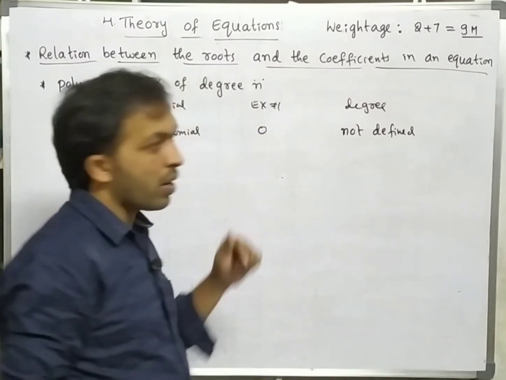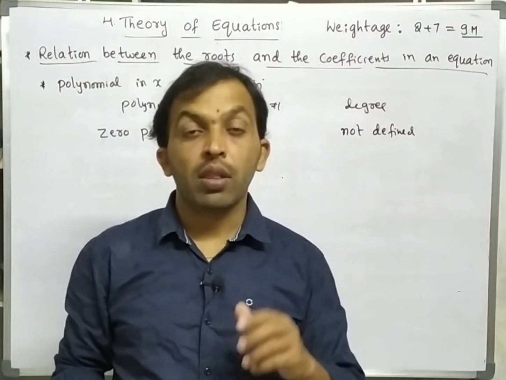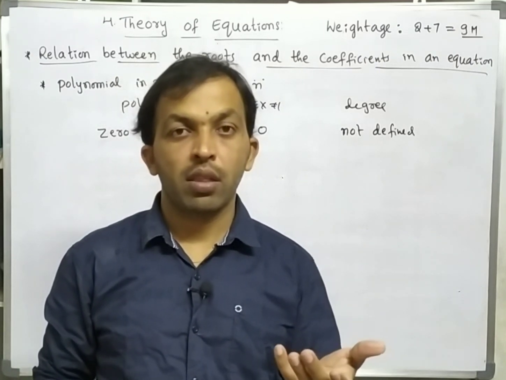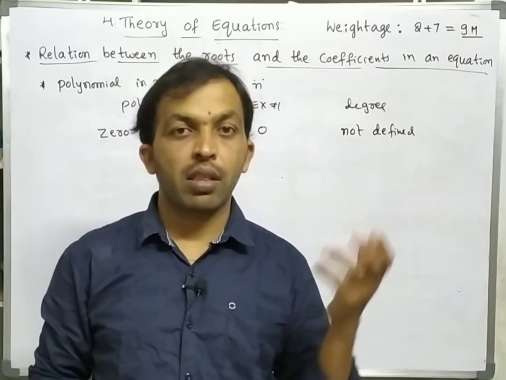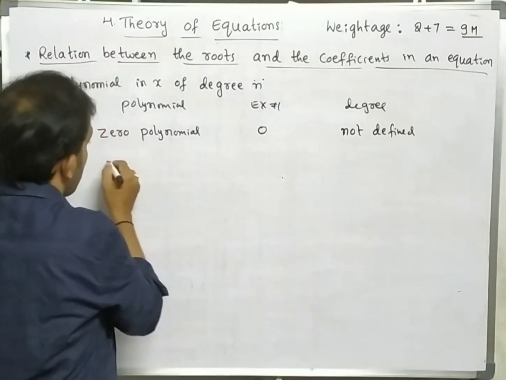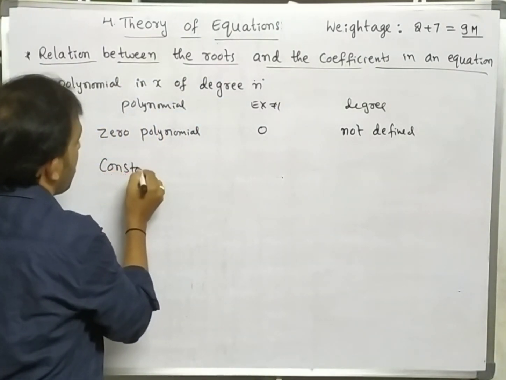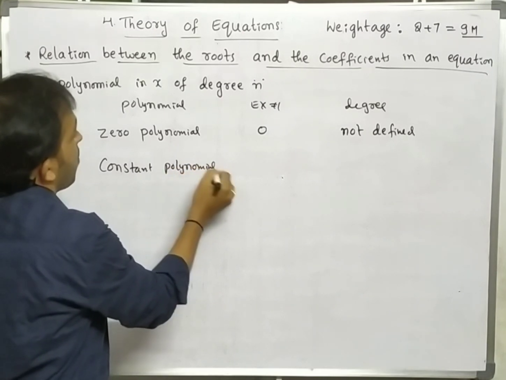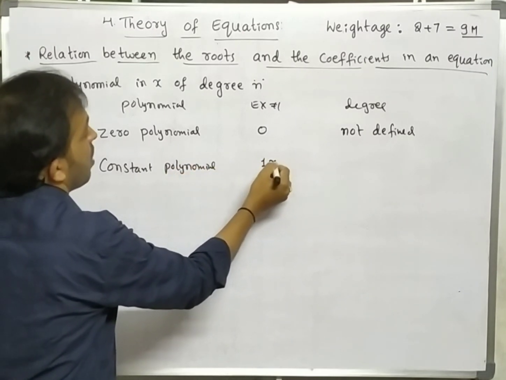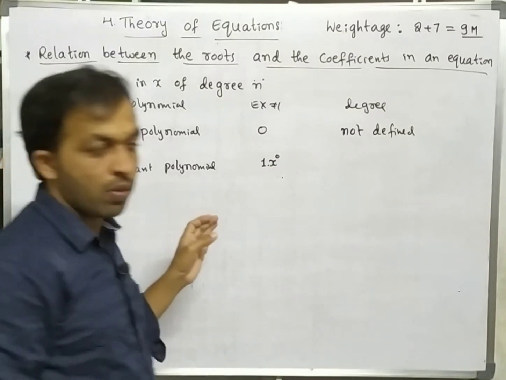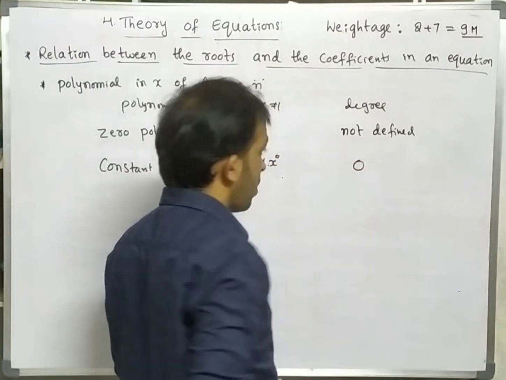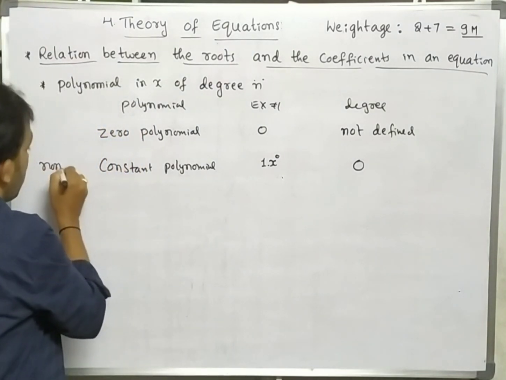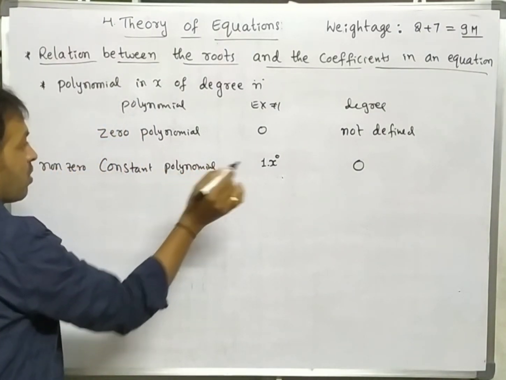We can write it as 0·x⁰, 0·x¹, 0·x², 0·x¹⁰⁰, so we cannot write a degree, that's why it is not defined. Next, the degree of a constant polynomial: the constant 1 can be written as 1·x⁰, so the degree of a non-zero constant polynomial is 0.